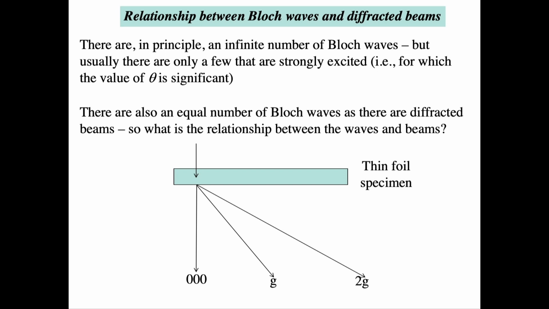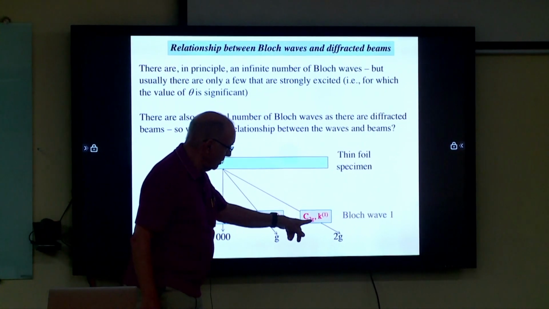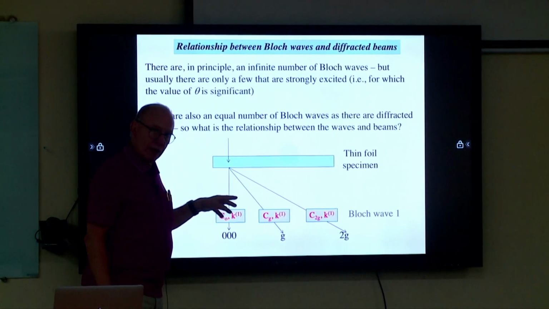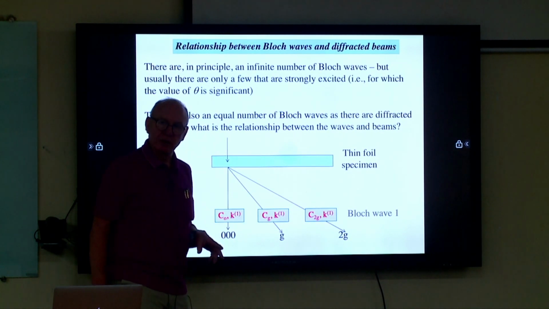So where are they? So they're here. So for the first Bloch wave, there is an amplitude of that first Bloch wave in the direct beam. There's an amplitude of that Bloch wave in the G and 2G. So the Bloch waves exist in each of these diffracted beams. So that's how they're spread.